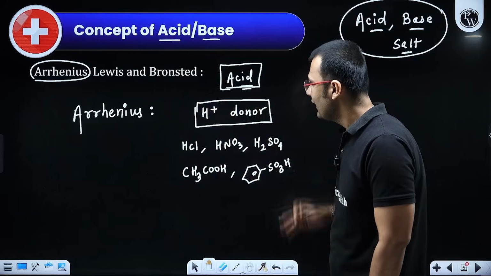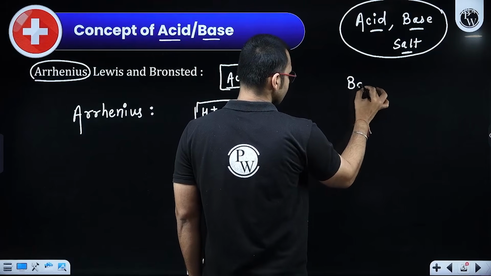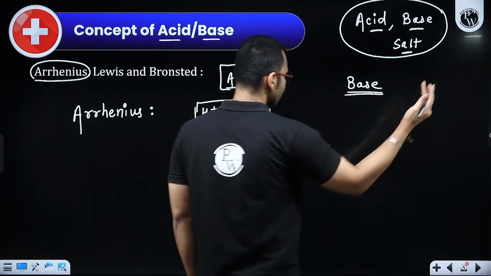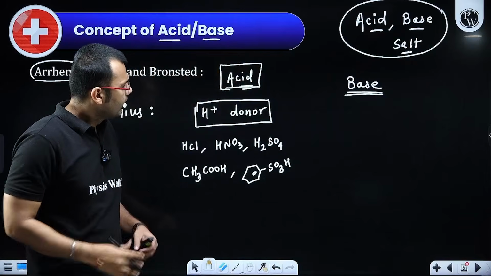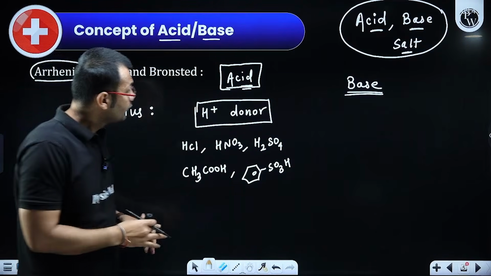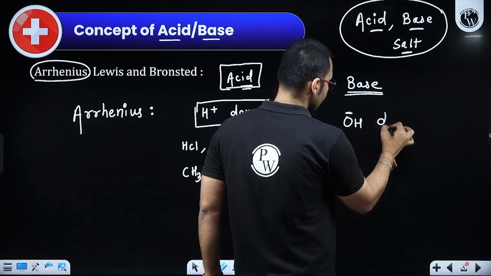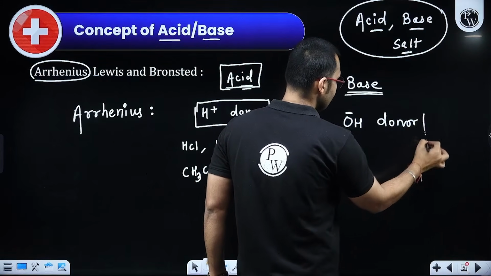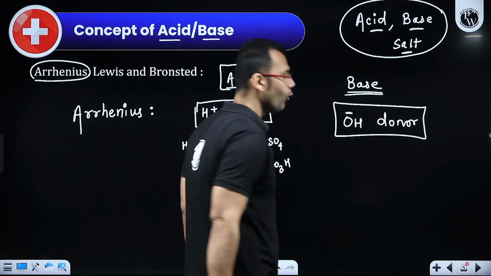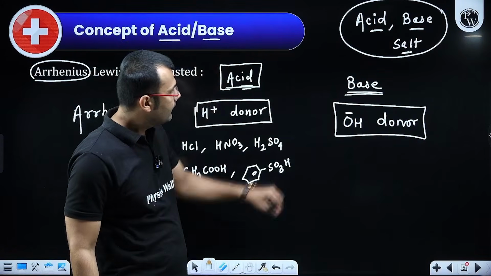On the other side, Arrhenius also defined base in a very similar way. He said that if a compound can donate H plus ion, then it is acid. On the other side, if an electrolyte can donate OH minus ion, then it is called base.